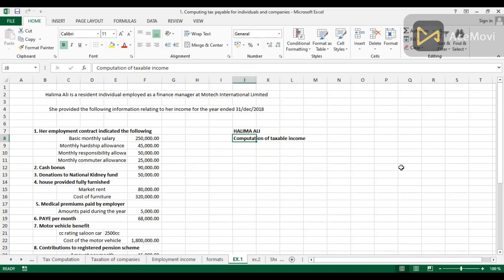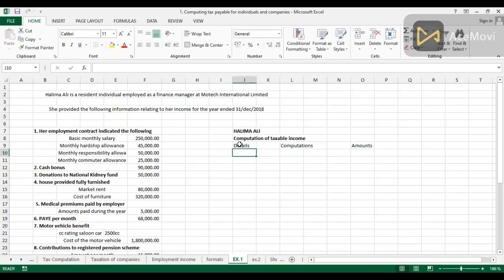So we'll have the 3 columns here, maybe the details. Then let me skip 2, then computations. Then let me skip again that way, then amounts.